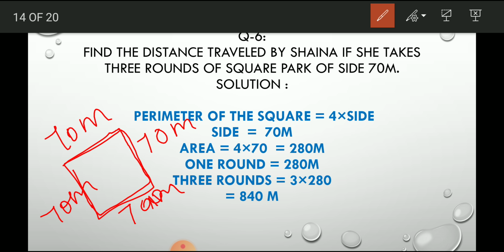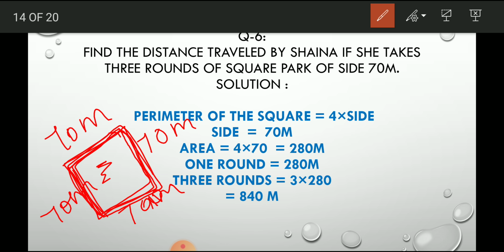If we want to find out the distance traveled in 3 rounds, first we should find out the distance traveled in only 1 round. Okay, so I already explained this. If we mention around, it means what are we going to find out, area or perimeter? Yes, perimeter. We don't find out the inside of the shape. We just find out the around, around it.